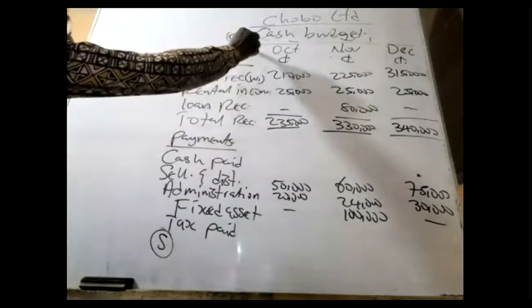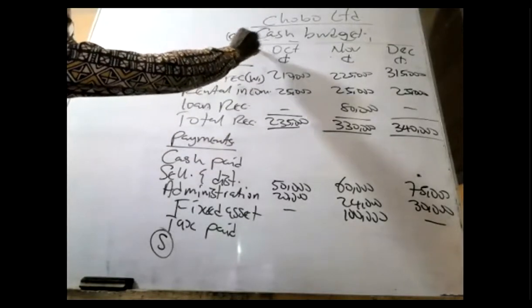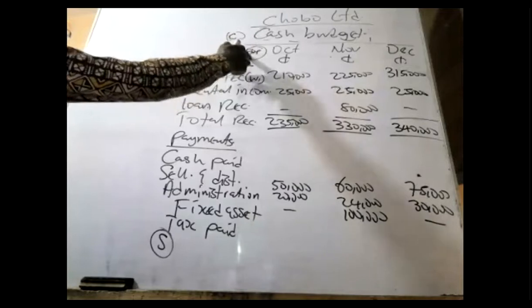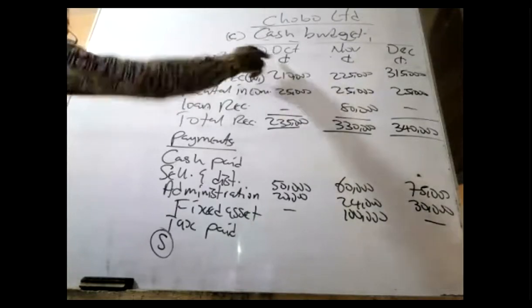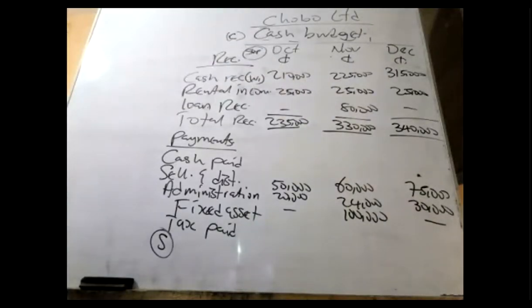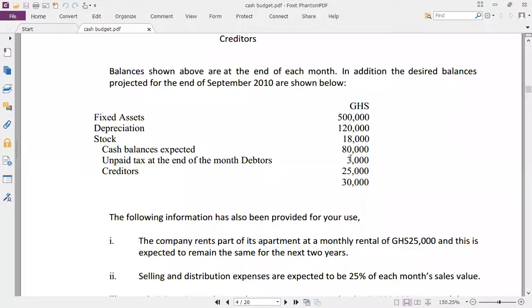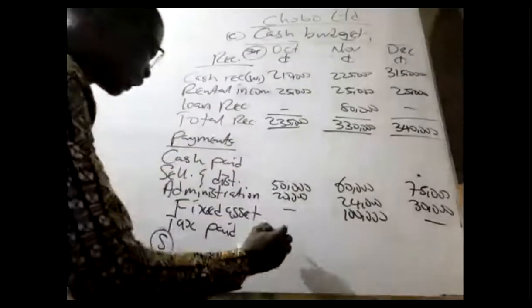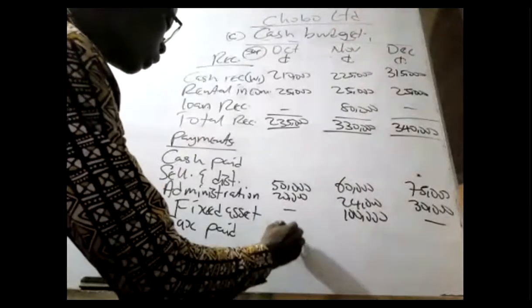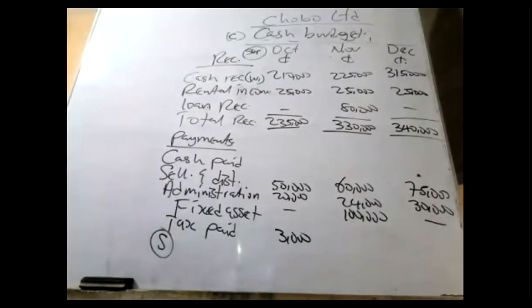If you want to know the September tax liability as at the end of September, which will be paid in October, go to the September balances you see there. So let's go. September balance. Unpaid tax is 3,000. So unpaid tax will be paid in here 3,000.